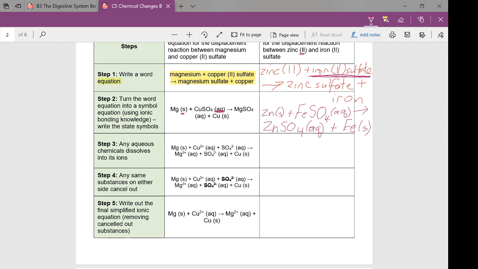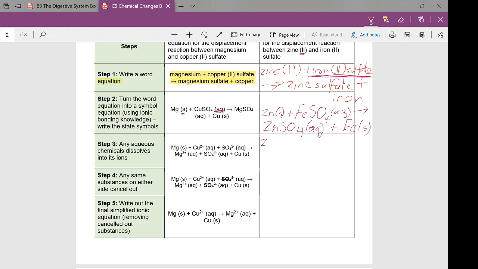All of the charges are able to move around. So when you dissolve an ionic compound, it gets split up into its individual charges. So anytime I see something that is AQ, I'm going to split it back up into its charges.